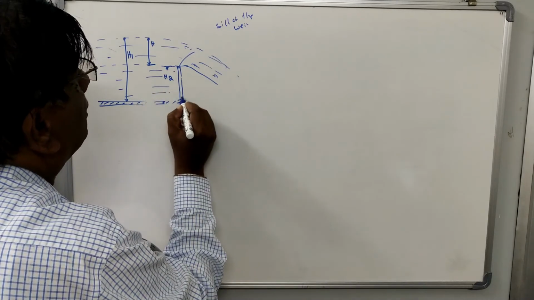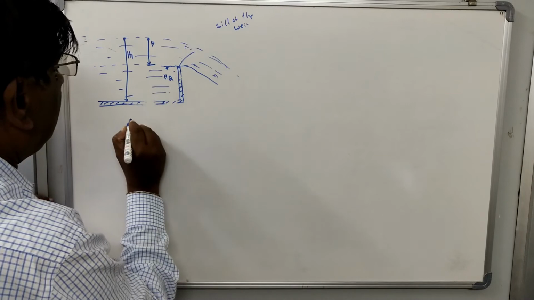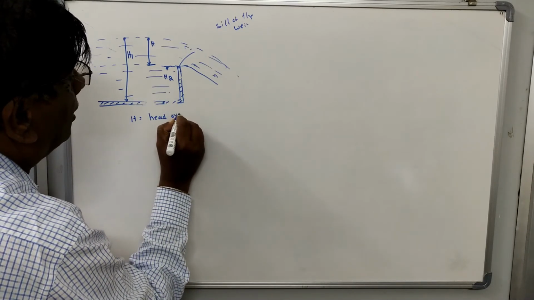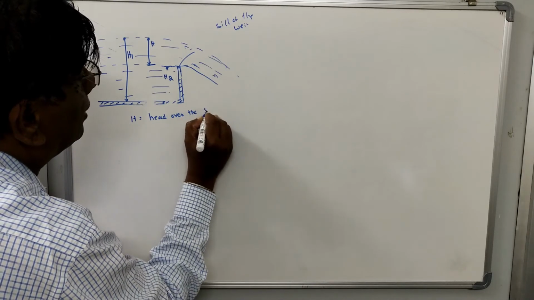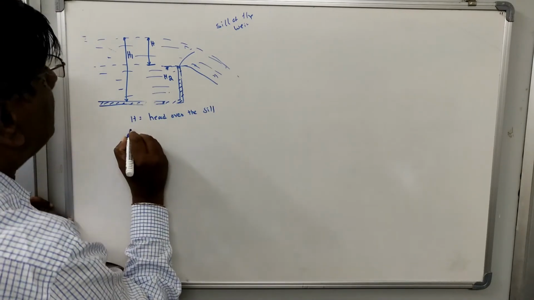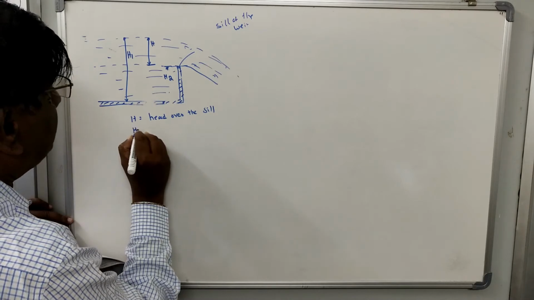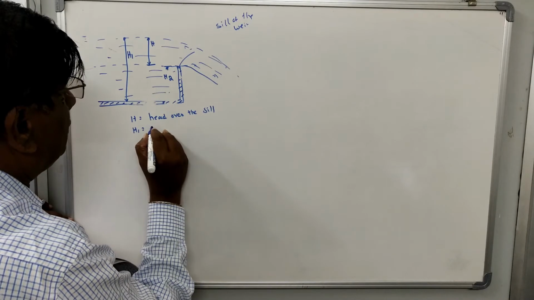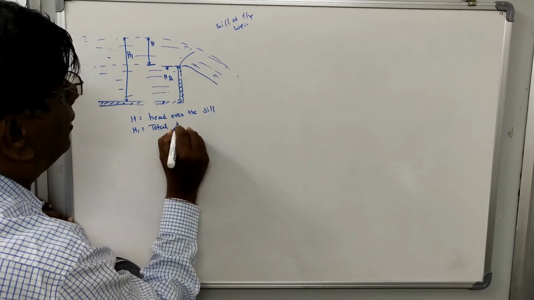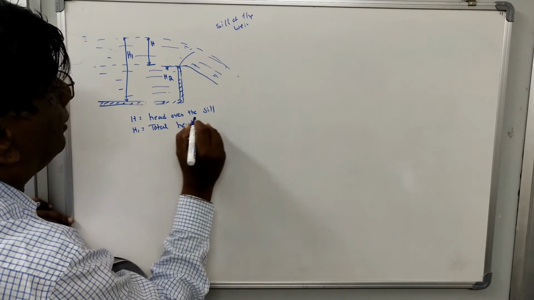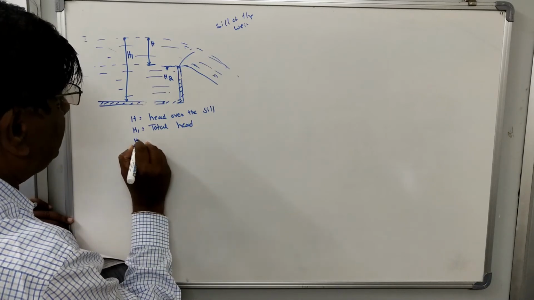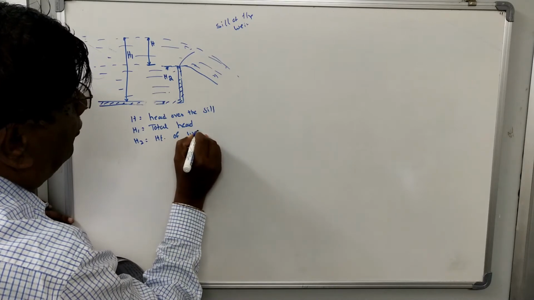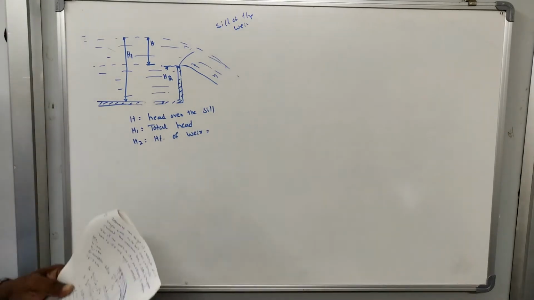Here H is the head over the sill, H1 is the total head, and H2 is the height of the weir.